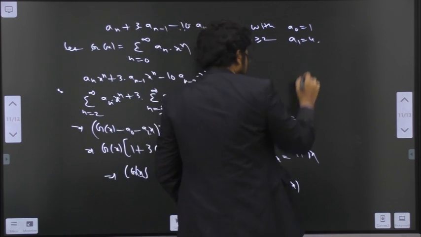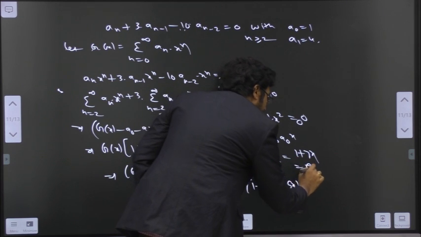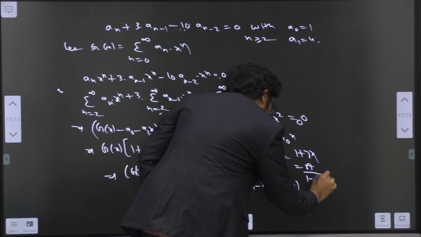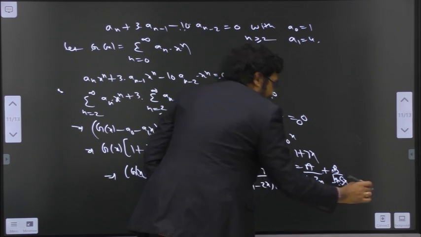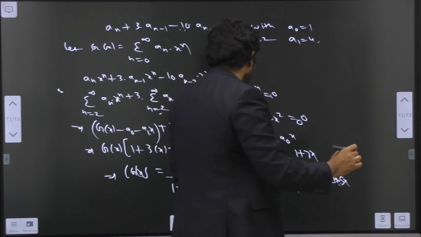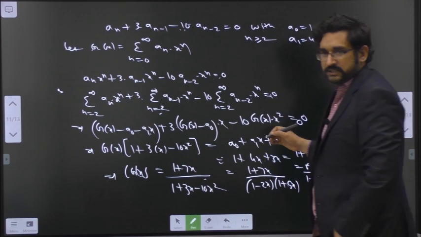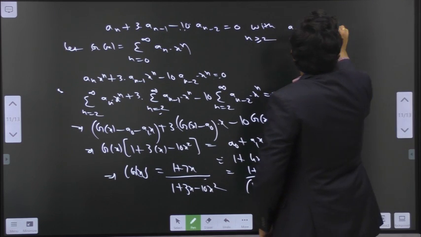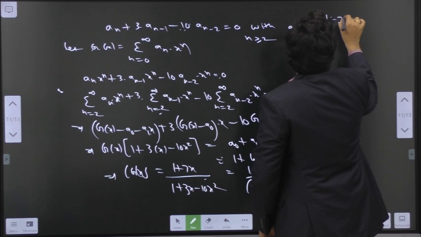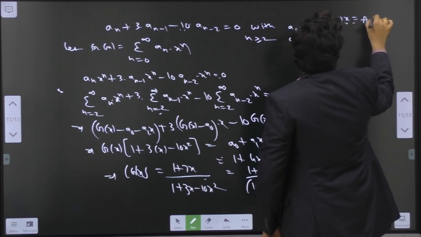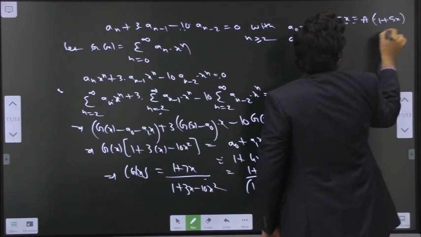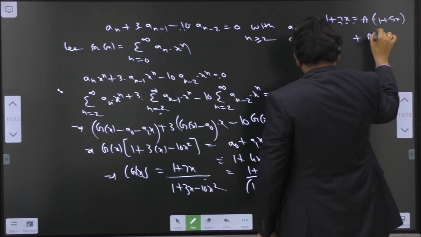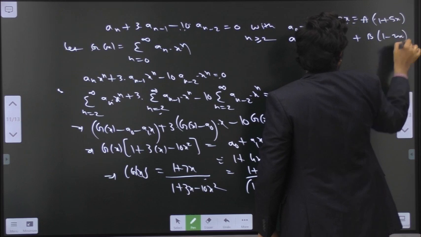So it can be written as a by 1 minus 2x plus b by 1 plus 5x. So compare numerator terms. So we will get 1 plus 7x equal to a into 1 plus 5x plus b into 1 minus 2x.